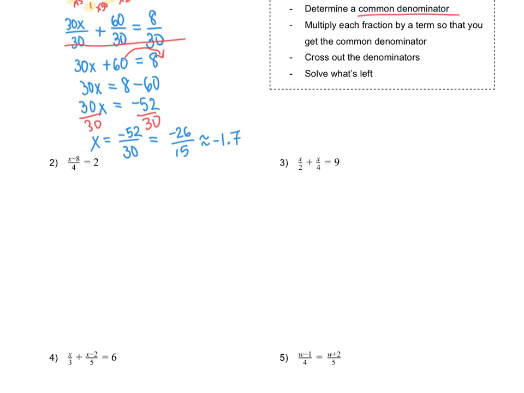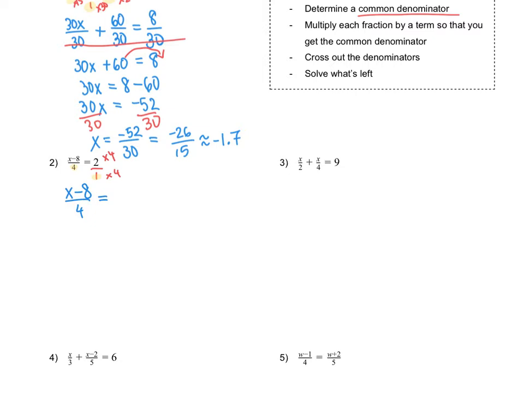Let's try another one. So in this next example, again, I have a whole number that's not in fraction form, so I'm going to put it over 1. For this one, right away, my common denominator, if I'm looking at 4 and 1, will just be the 4, which means the first fraction is fine the way it is. But the second one, I just need to turn that 1 into a 4, so I multiply it by 4.